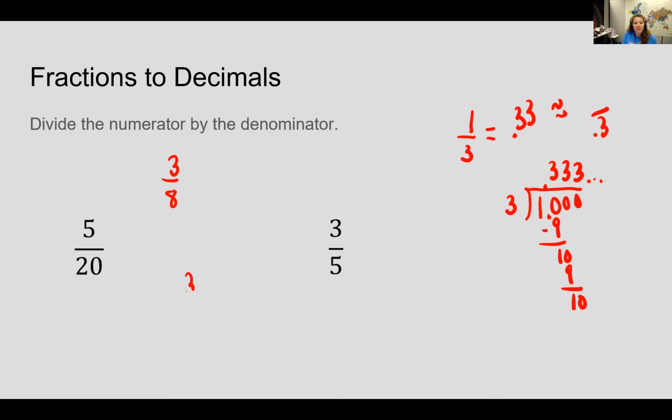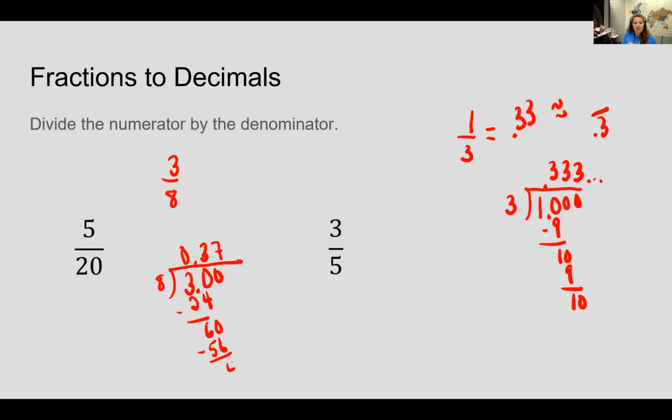So I'm going to put 3 in the box, 8 outside the box. 8 won't go into 3, so I'm going to add a decimal and a 0. 8 won't go into 3, but 8 will go into 30 3 times. So 3 times 8 is 24. I'm going to subtract and get a remainder of 6. 8 will go into 60 7 times. 7 times 8 is 56.